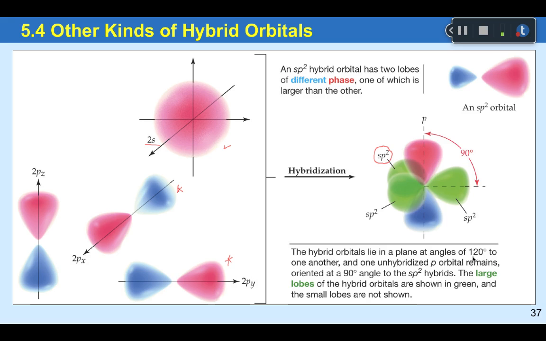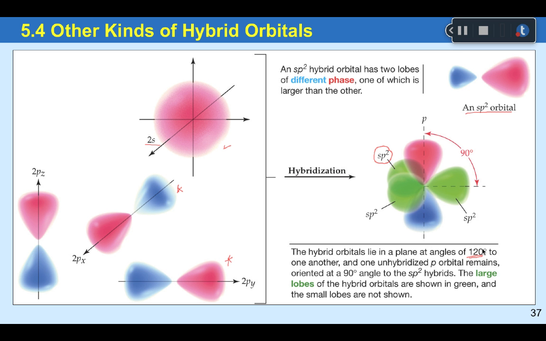And these orbitals are going to lie in a plane at angles of 120 degrees, which should sound familiar from our VSEPR discussions. The sp2 orbital has a large lobe and a small lobe. We primarily look at the larger lobe of them.